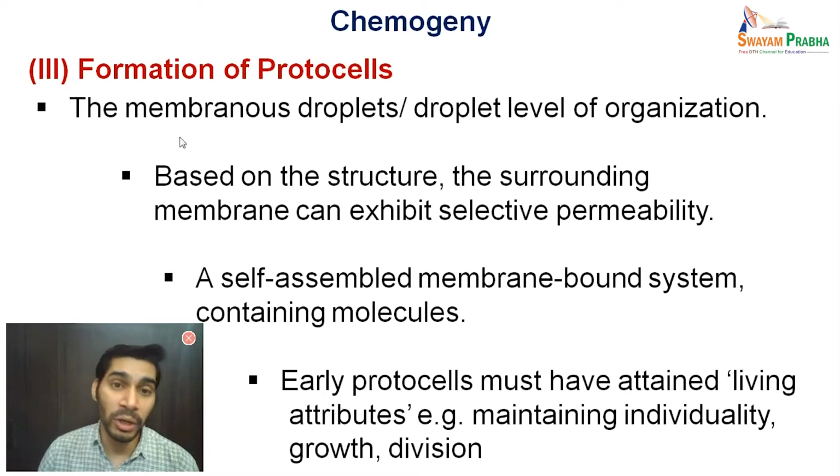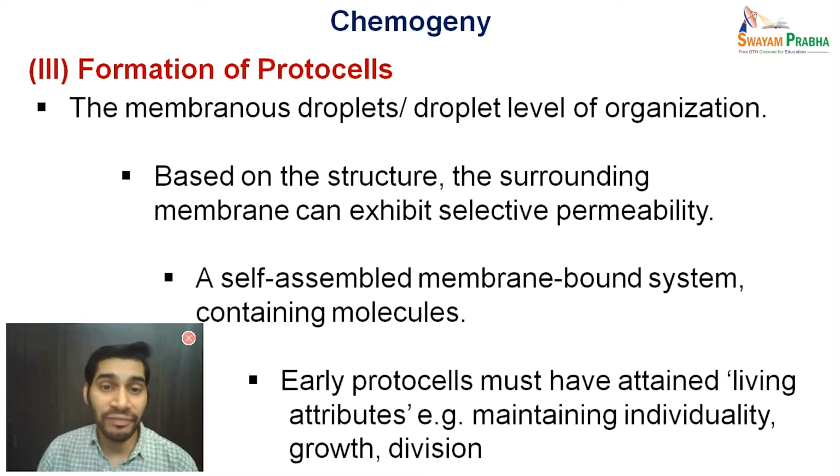Means from the molecules, now we are moving to the droplet level of organization. Based on the structure, the surrounding membrane can exhibit selective permeability, which is very important for the existence of the cell and further life. The cell needs that selective permeability for survival.